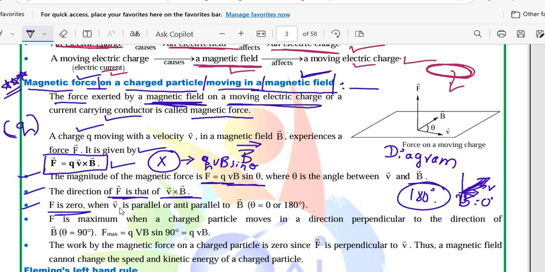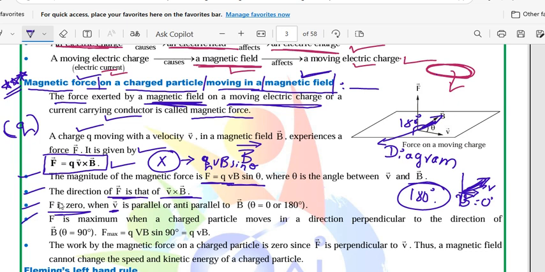So when the velocity is parallel or anti-parallel to B, the magnetic force becomes 0. Is it or not?